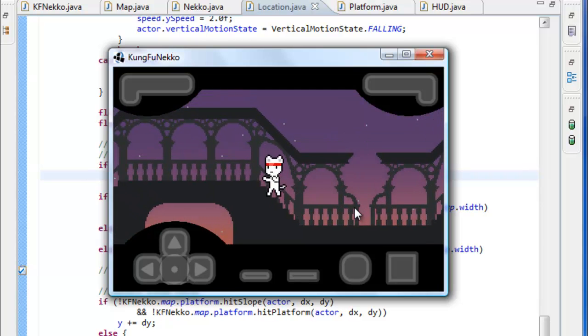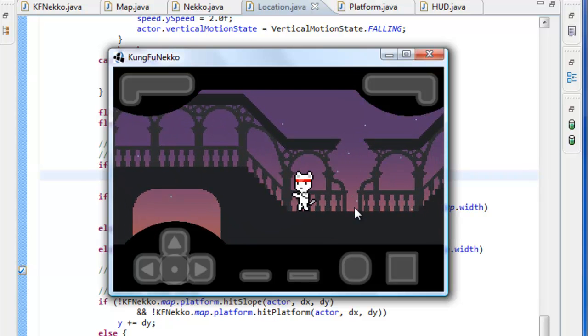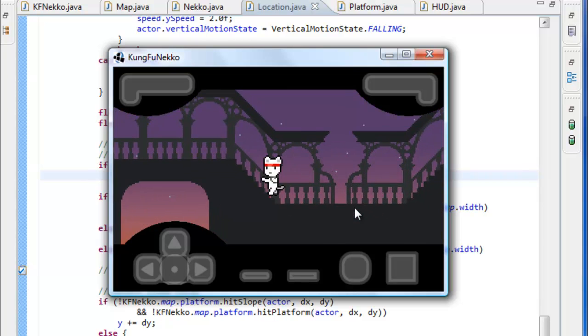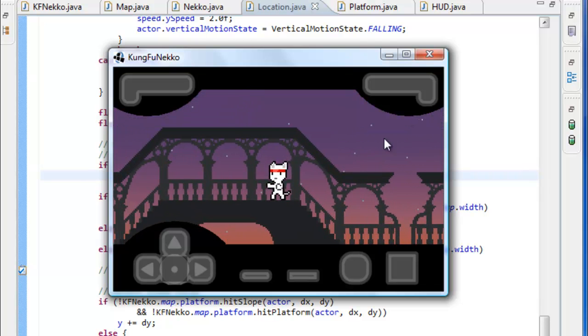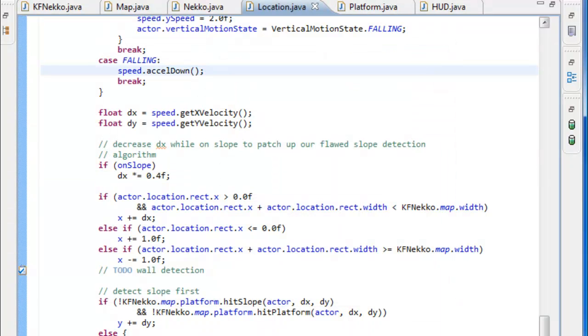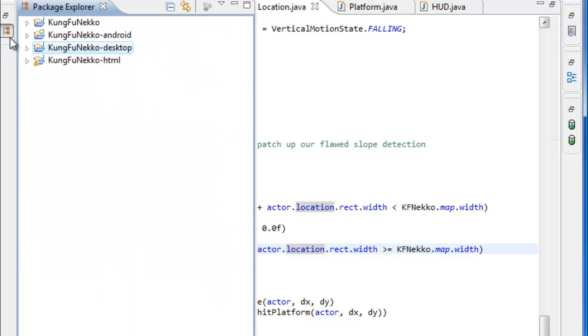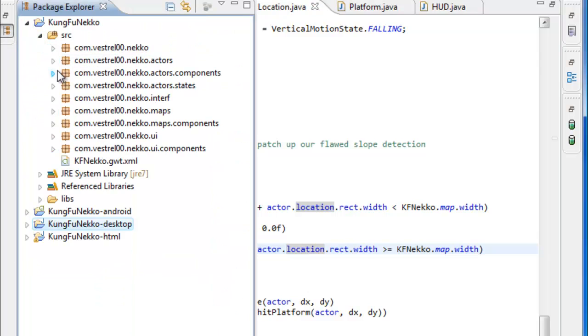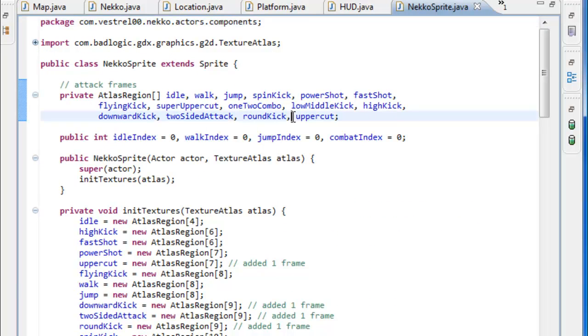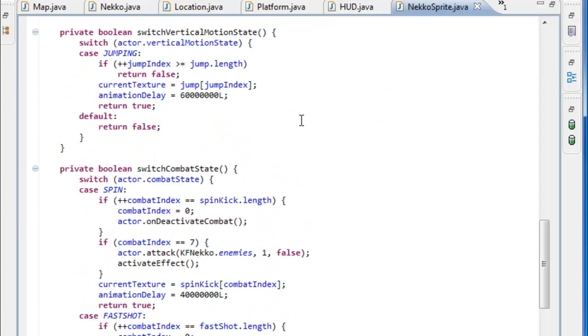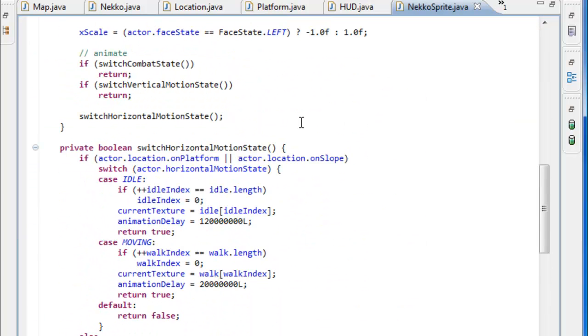So we want to slow down our animation whenever we're on a slope. The way we're going to do that is simple. We're just going to go back to our Nekko sprite right over here, and go back down to switch horizontal motion state.